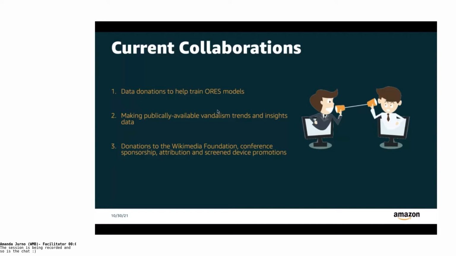So we currently attribute information from Wikidata and Wikipedia on device, primarily snippet information, so longer form text. And then we also do screen device promotions during certain areas of the year when Wiki is seeking donations. We have a certain interface that allows people to donate via our screen devices specifically.